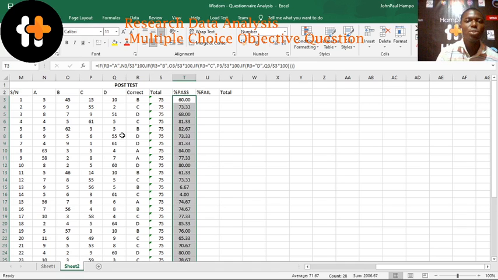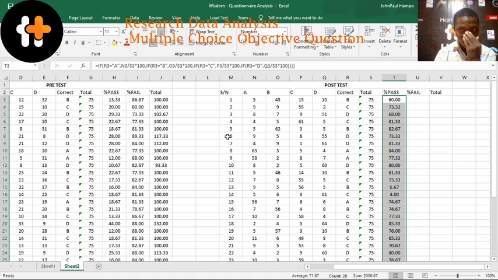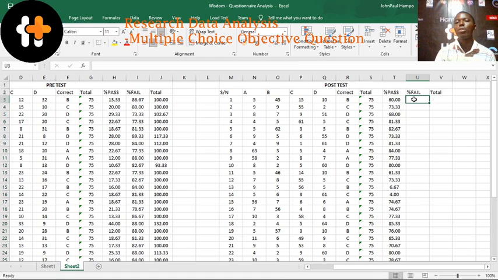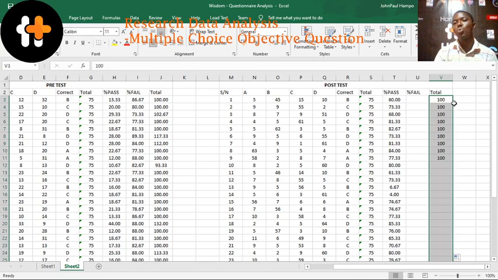Then in this aspect also, apply this to get my percentage fail. To make it very easy, I told you we'll do it in two methods. Our percentage, we always want it to be 100, so apply this 100 all through.